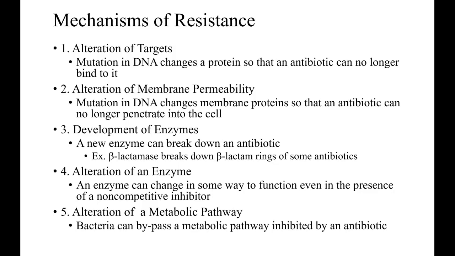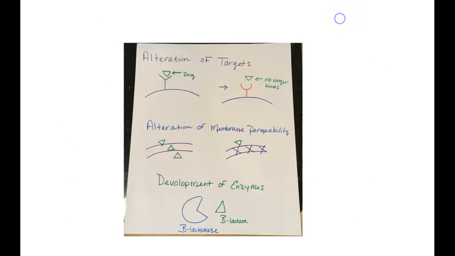Now that bacteria can still make its energy source, so it's not going to be affected. If we develop an antibiotic to target certain parts of a metabolic pathway, and that bacteria now has the ability to bypass that, then it's going to be able to live. So these bacteria can be very sneaky in evading these antibiotics.